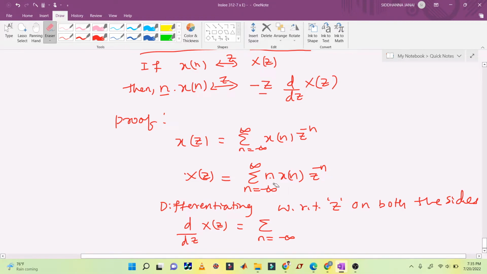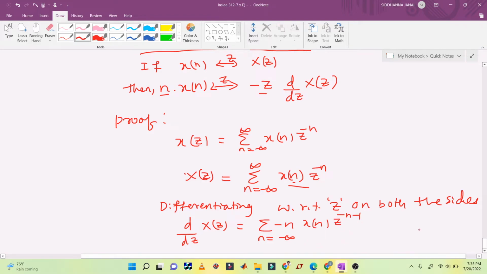let me consider this only. Given signal only we have to differentiate. I should not multiply directly the given signal. I will have to differentiate this with respect to z. Then what we'll get is minus n x of n z power minus n minus 1.